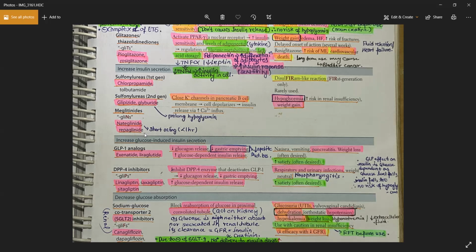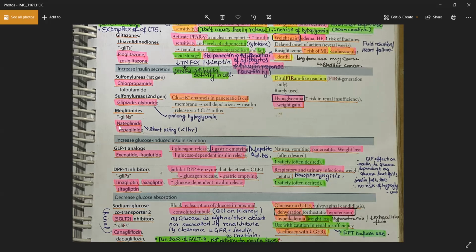You have admitted the patient, you have given them the glucose infusion, and after stopping it, the patient again developed hypoglycemia. That means he has taken the long-acting ones. If after giving the glucose infusion the patient will be normal, that means he has taken the short-acting ones. So after giving you a scenario, they will give you both the options. You need to choose the one based on the duration of the action.